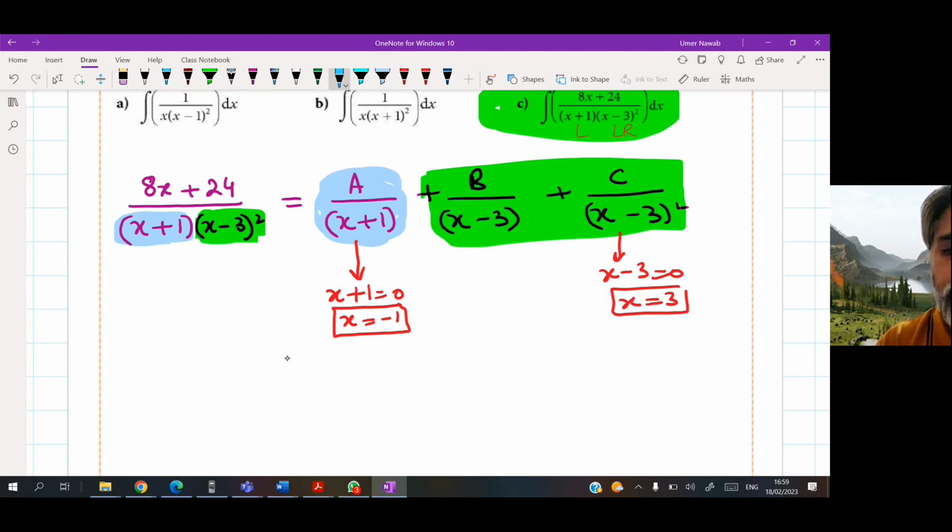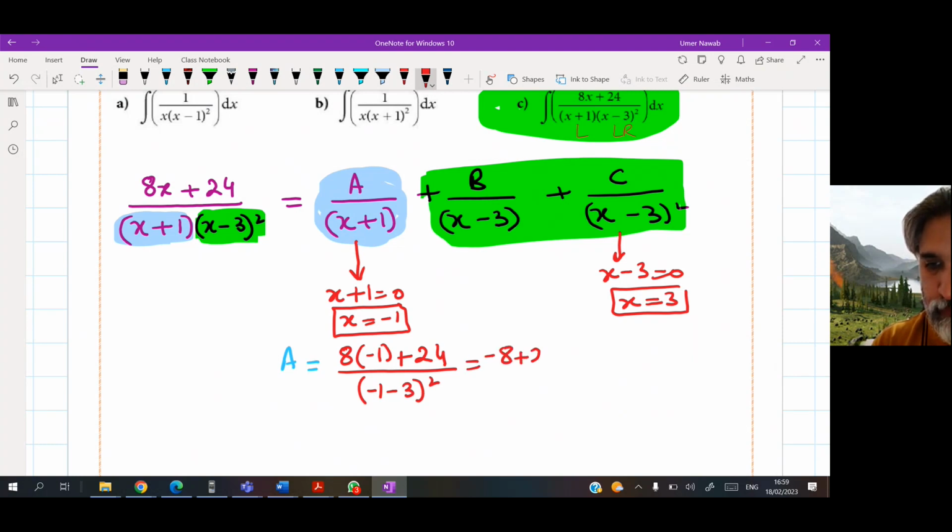So I'm going to get the value of A. Don't put it in the first factor. Guys, A is equal to 1.